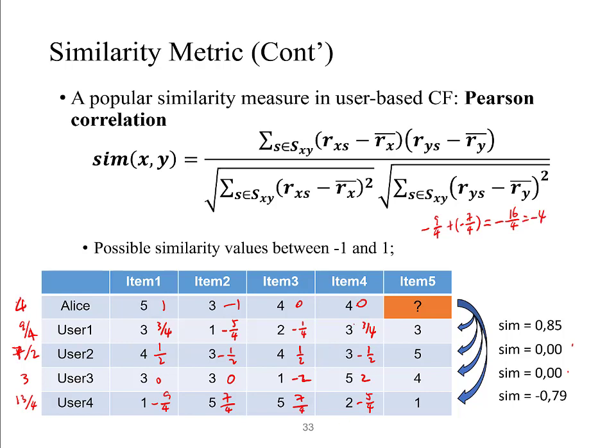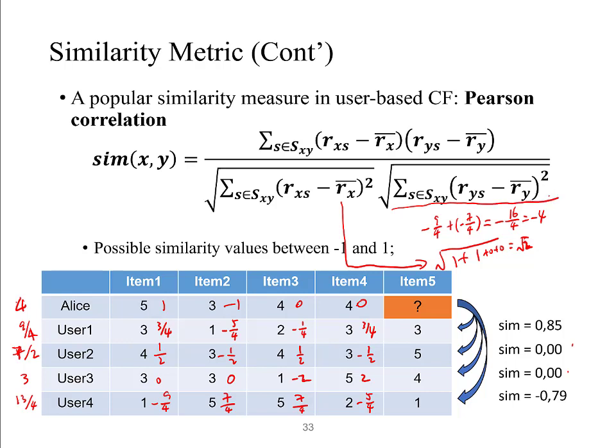We don't include items 3 and 4 because for Alice the value is 0. And then we compute this part. So this one would be the square root of 1 plus 1 plus 0 plus 0, which is the square root of 2.